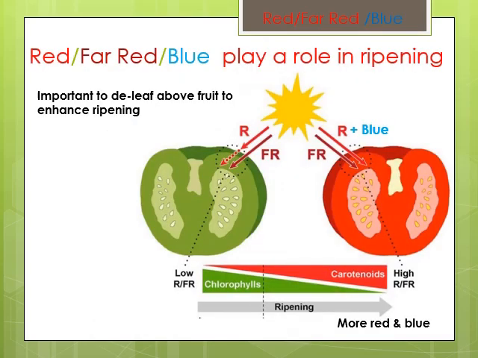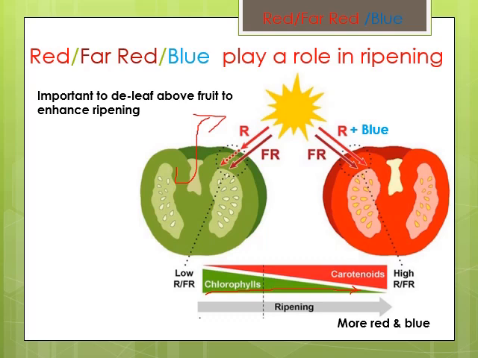Fruit ripening. This is one that takes red, far red, and blue. What's interesting about this is as fruits ripen, their chlorophyll content decreases. This is a lot like leaves in the fall, right? The chlorophyll is broken down, the nutrients are extracted and reused. Same thing with tomatoes, back into the vine and reallocated.